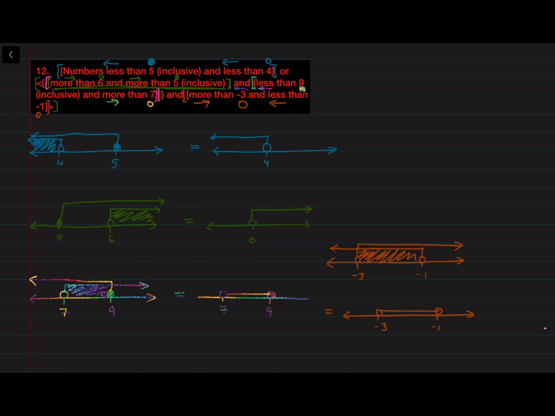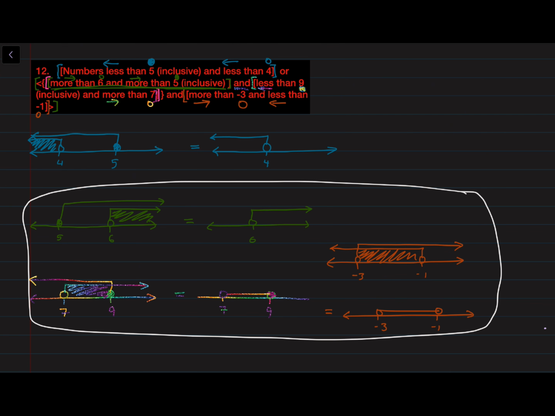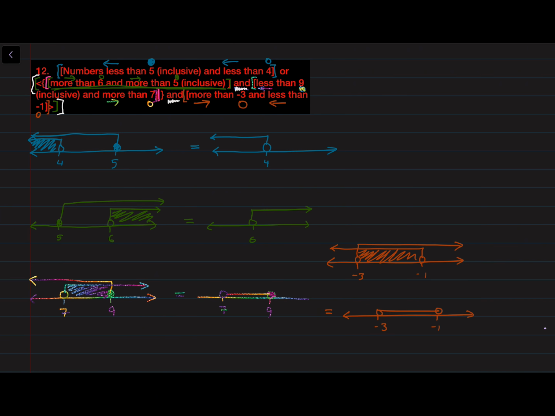Now, for these 3 intervals, for all of them, which is the same as this part over here, in between all of them, we have the AND operator and the AND operator again. That means we're looking for an overlap between all 3 of these intervals. So that's what we're going to do next. We're going to try to draw an overlap between all these intervals.